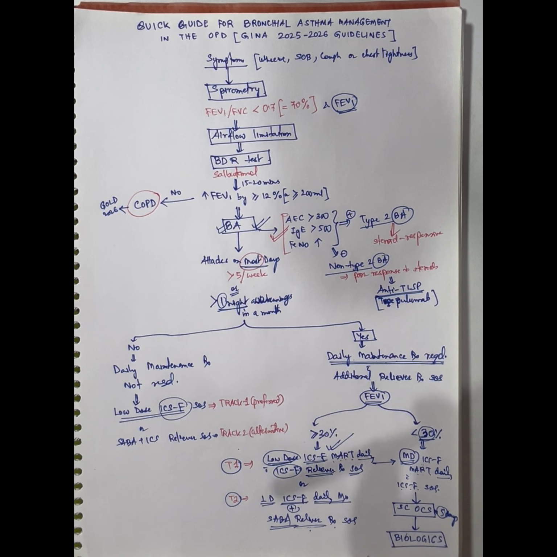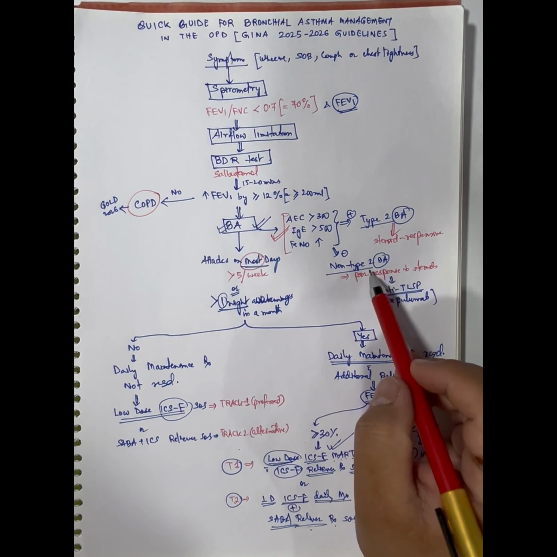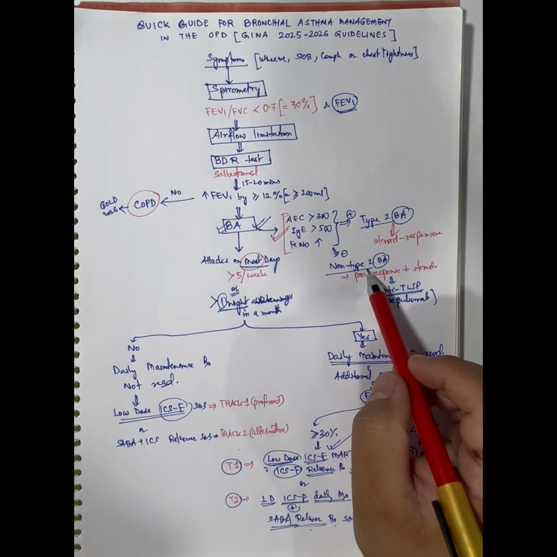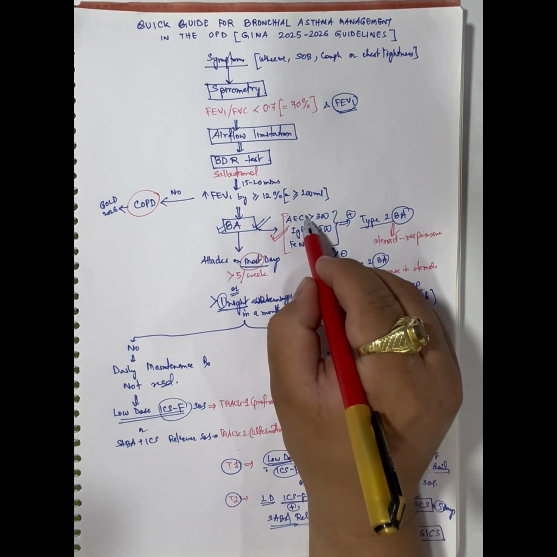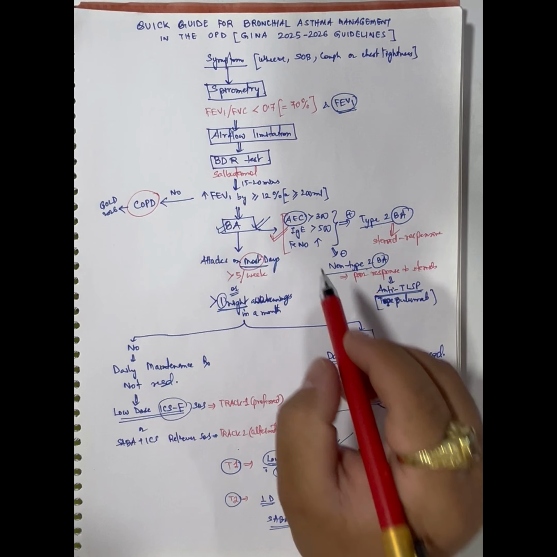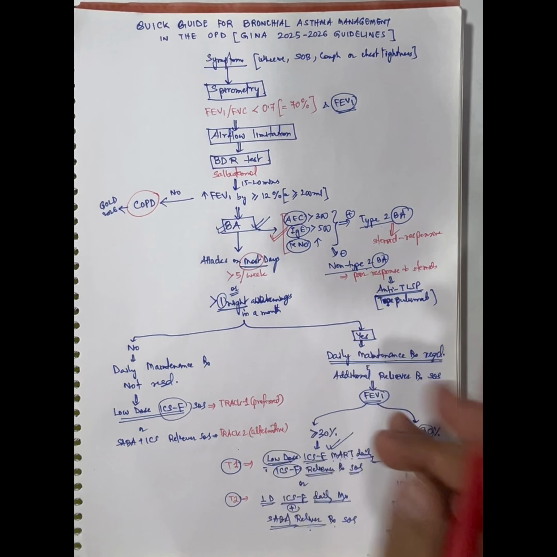Now, bronchial asthma is of two types, type 2 and non-type 2, right? To differentiate this, we will send an absolute eosinophil count, total IgE, or FeNO, right?